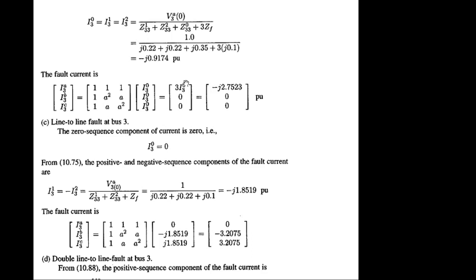This I30 is the information in terms of phase A. So here you can have I3B and I3C. I3B and I3C are 0 due to single line to ground fault. Only I3A will be there, which is 3 I30, right?